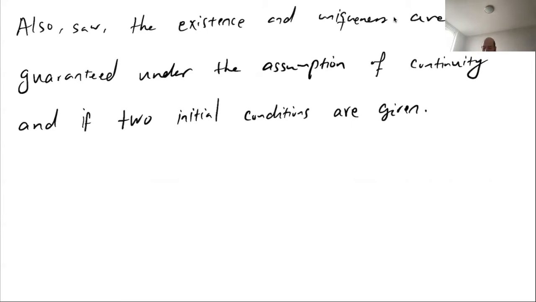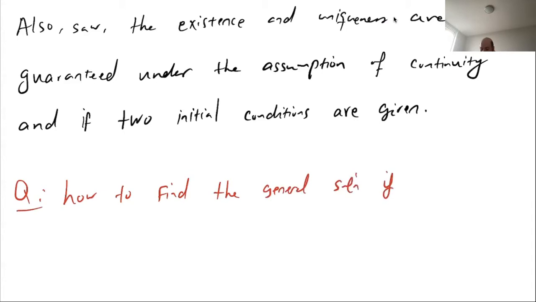So now the question is how to find the general solution if we have access to one solution, let's say y1. Let's say for some reason, it could be by guessing or some other method, we have found one solution, and we want to find a second solution.